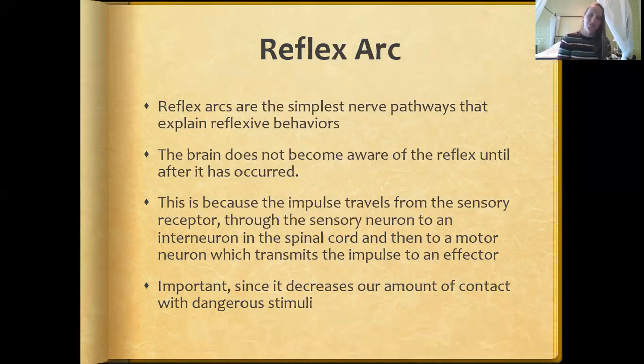And that's really important because these reflexes are in place to protect us from dangerous contact with some sort of stimulus that can damage our bodies. And so by taking the brain out of the equation, we speed up the process and our bodies are in contact with that dangerous stimulus for a shorter period of time.